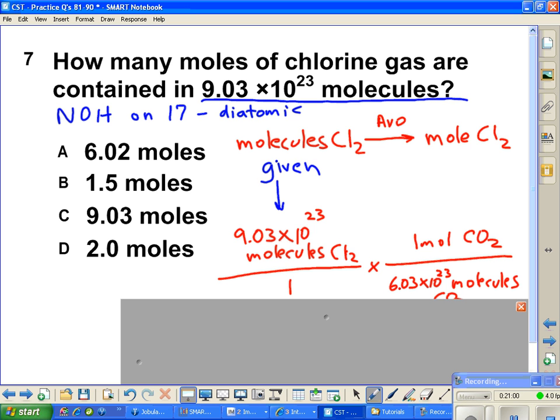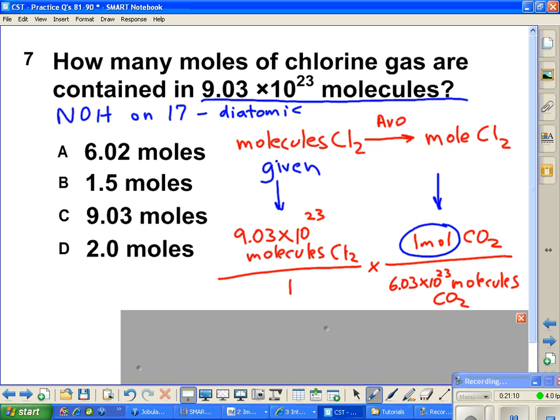We were given molecules, and we're trying to find moles, and we have to do that by using Avogadro's number, and Avogadro says 6.02, not 6.03. 6.02 times 10 to the 23rd molecules is going to be equal to 1 mole.